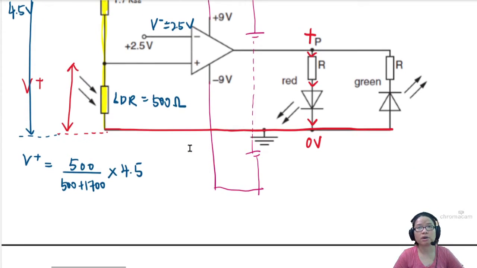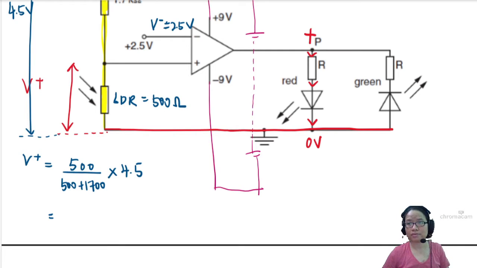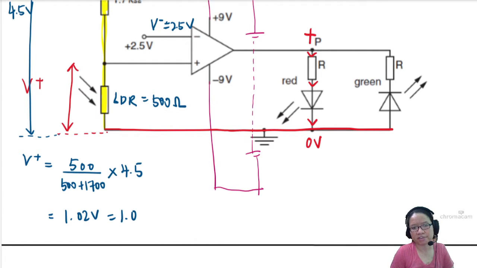So now we're going to press our calculator to figure out what V plus is. After pressing the Casio calculator, this is 1.02 volt. You write it to 1SF, it's just 1.0 volt. We'll just keep it to 1SF because your V minus is also 1SF.